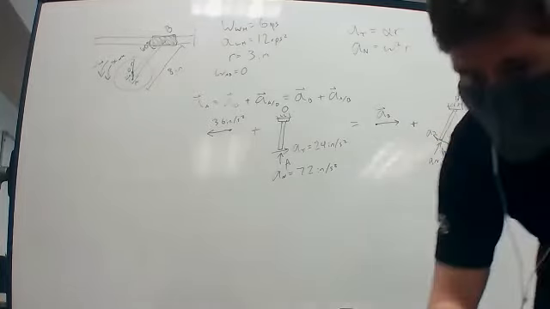And now this angle is 60. So cosine of 60 is the vertical component. Because with this original setup, the angle that we have is not going to be relative to AT. So we want to turn it into something that looks like this. So that's why we say cosine 60 degrees. So with this setup, we only have one unknown, alpha AB, where alpha AB is 18 radians per second squared.